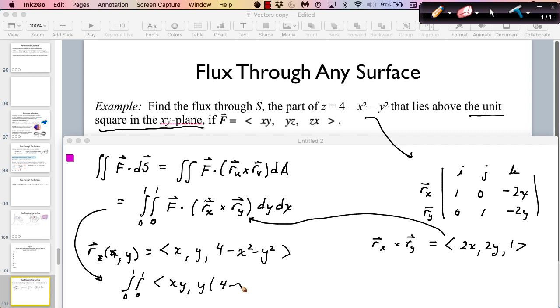Right, you're going to use your parameters, just like in line integrals. Use your parameterization to write your field in terms of the variables that you have, in this case, two variables. Remember that? And z x, dot.